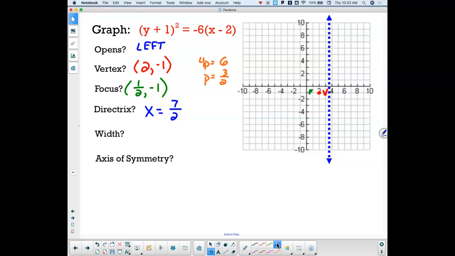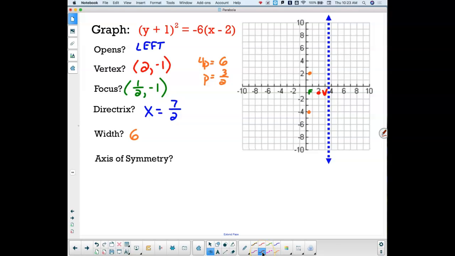The width of my parabola through the focus is 6, so I'm going to go up 3 and down 3: 1, 2, and 3. That's going to allow me to draw it. That's going to allow me to have an axis of symmetry of y equals -1.